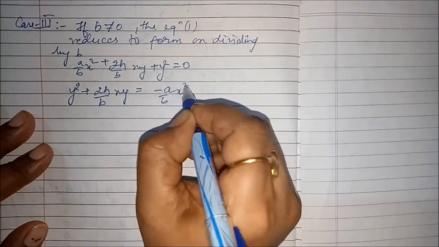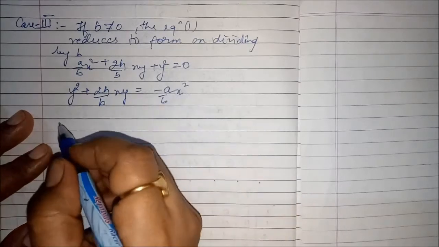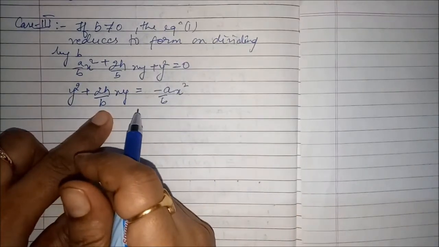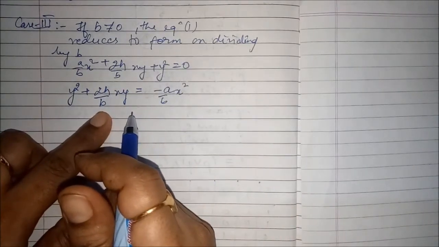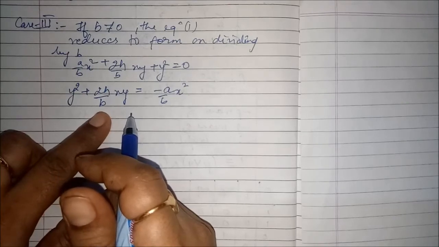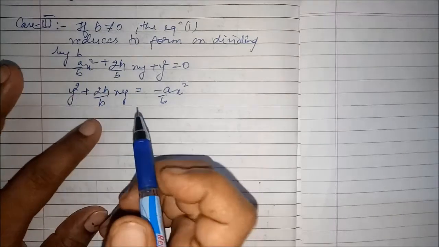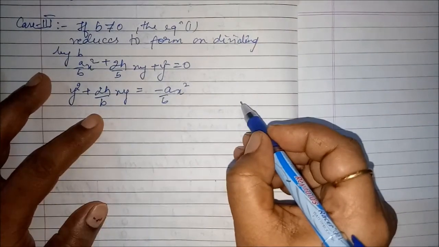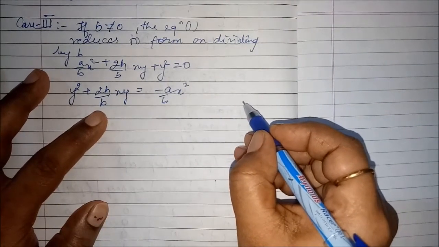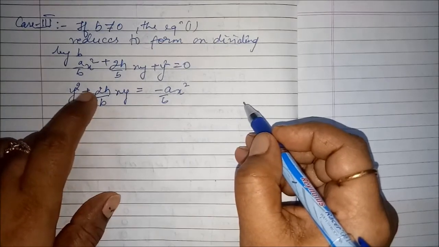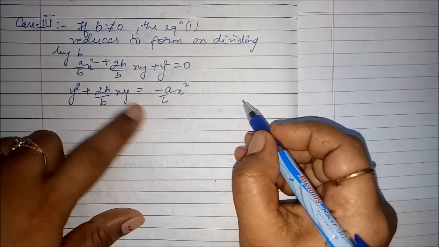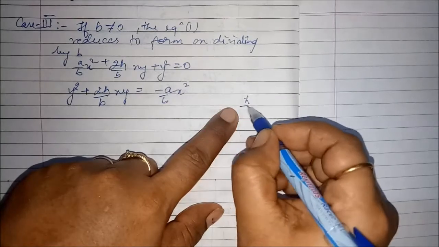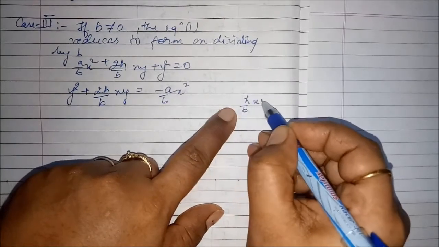This is considered as a constant term. Now we have to convert this into a whole square by using the method of completing the square. For this we take half of the middle term. Half of the middle term is half of 2h upon b x into y, so its half is h upon b x.